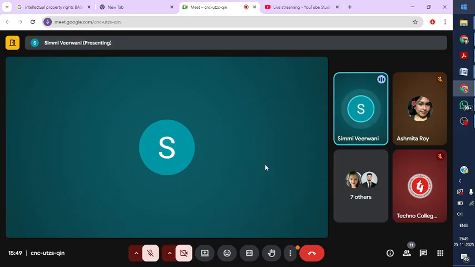The famous case of Apple versus Samsung Electronics. In 2011, Apple filed a case against Samsung Electronics in the United States District Court for the Northern District of California, alleging infringement of their design and the utilization of the icon, algorithm, and tap to zoom.